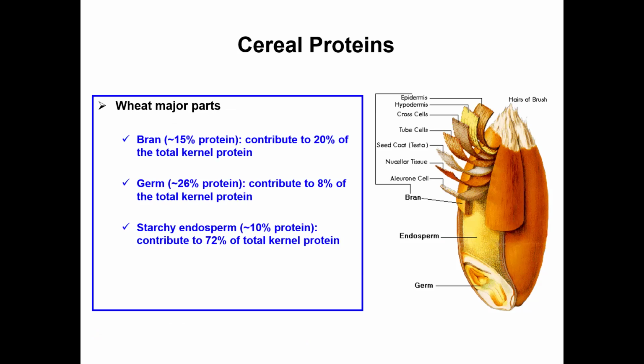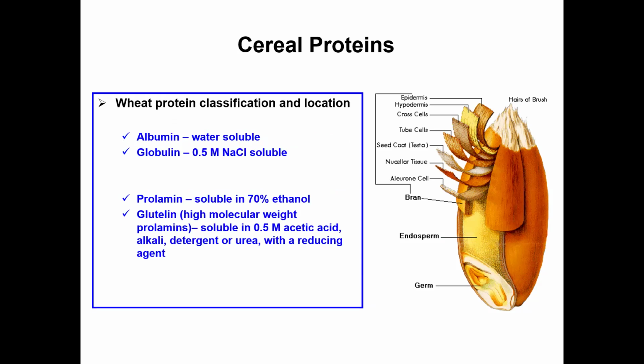So we have proteins in all of the components of the kernel. In bran, you have protein. In the germ, obviously, you have protein. But the endosperm is where most of the protein is. And it's mostly your storage proteins, prolamins, and glutenins. So this is your Osborne fractions.